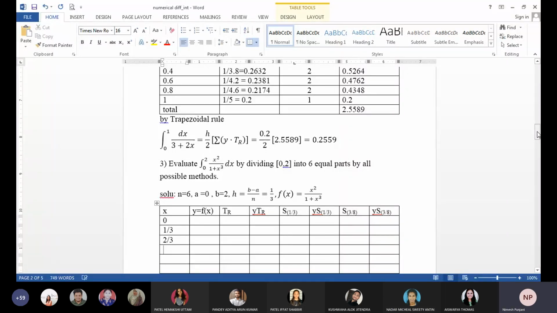It will be previous value plus h, which is 1/3 plus 1/3. Yes, sir.